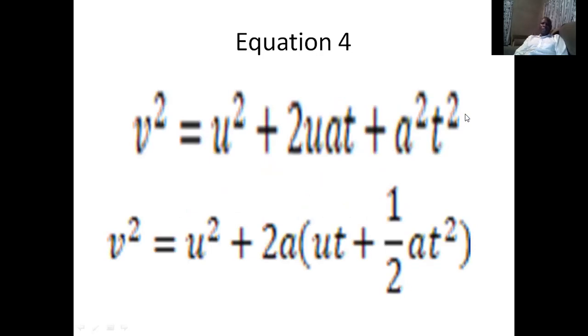And from here, we can factor out 2 times acceleration. If we put the 2 outside, what remains is initial velocity times time plus, since we have 2 outside, for us to remain with the 1 there, we have to put half.